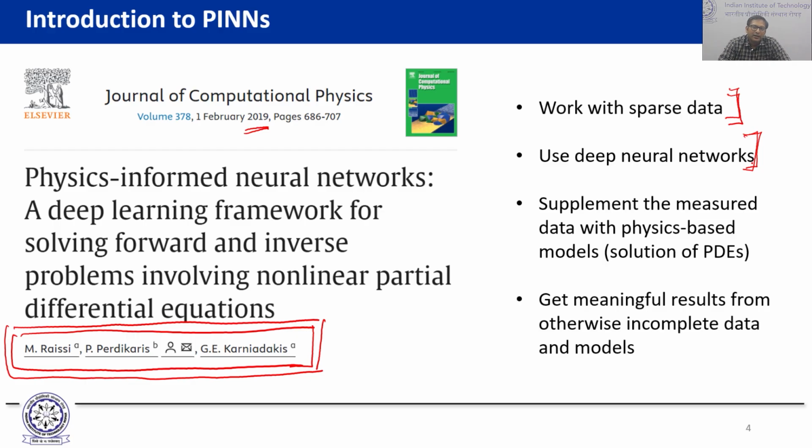And this is one technique by which you can get relatively meaningful results from data sets, or models, which otherwise you would consider as incomplete and improperly trained. So this is really where one sees that physics-informed neural networks shine.